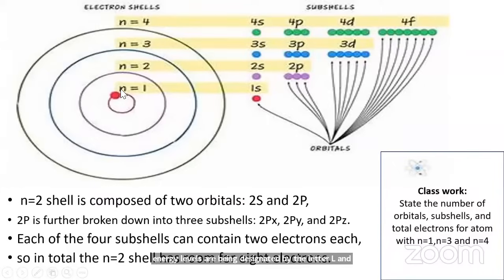So when we have n equal to 1, we are considering the first energy level. And this first energy level has the 1s orbital in it. So where you find the 1s orbital is in energy level 1. The electrons in this 1s orbital reside in energy level 1.